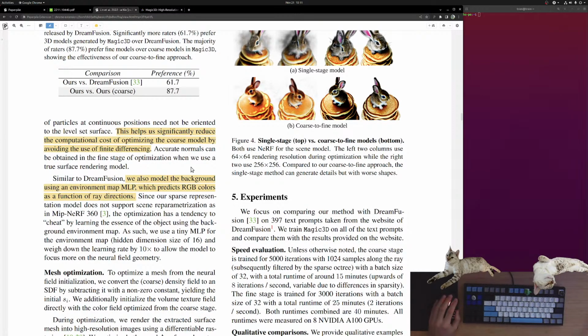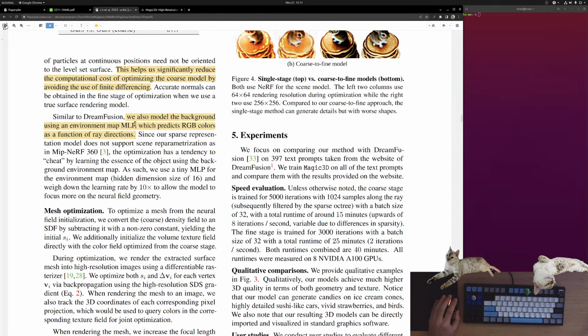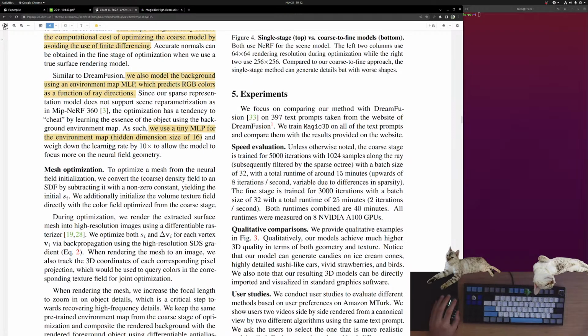I don't exactly know what they mean by that. But they're saying that they use a tiny MLP for the environment map. Okay, so a small multi-layer perceptron with just 16 neurons at the end to allow the model to focus more on neural field geometry.